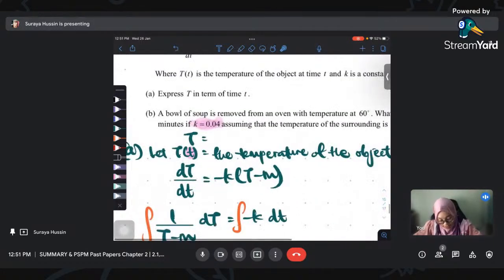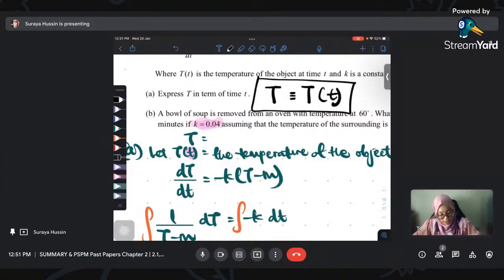Soalan ni yang kata express T besar in terms of t kecil. So at the end of it, you memang boleh letak T je. Boleh. So basically, what I'm trying to say here is T is equals to T(t). They are just literally equivalent. Okay, memang sama sahaja ya.